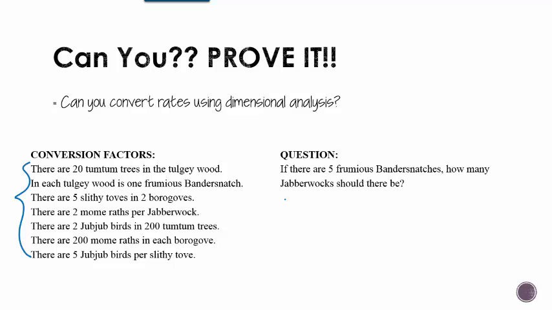You start with the information that there's 5 Firminus Bandersnatches, and you need to end up with Jabberwocks. Use your conversion factors to cross things off and figure out how many Jabberwocks there should be. Make sure you at least give this a try, because I will definitely check it tomorrow.